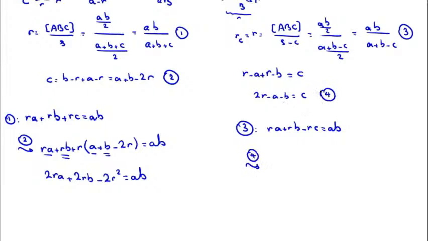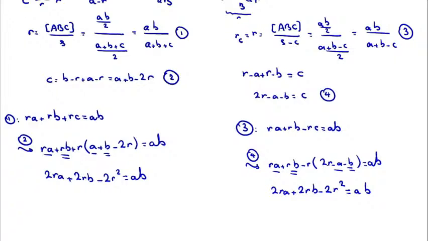So if I use 4 here, it will be RA plus RB minus RC, which is 2R minus A minus B, equals AB. And here I can say RA plus RA is 2RA. RB plus negative R negative B will be RB. It will be 2RB minus 2R squared equals AB.